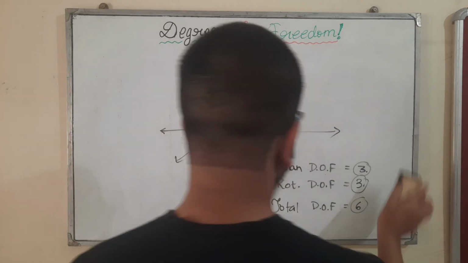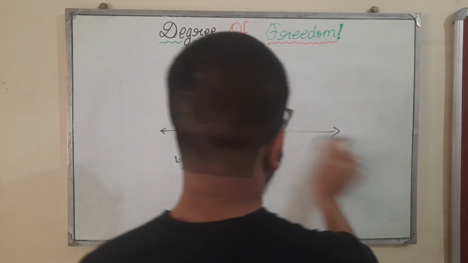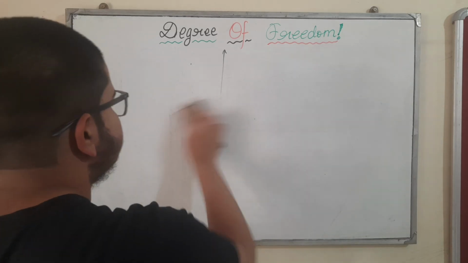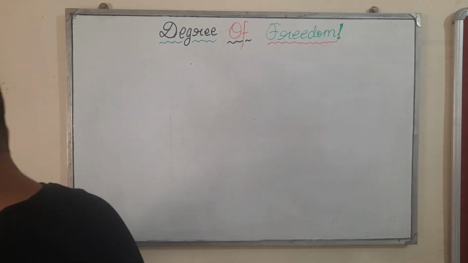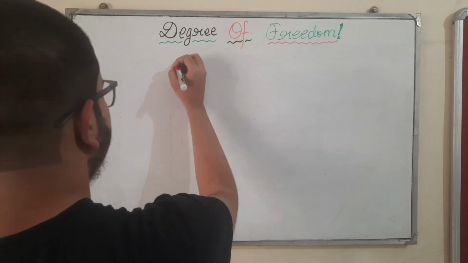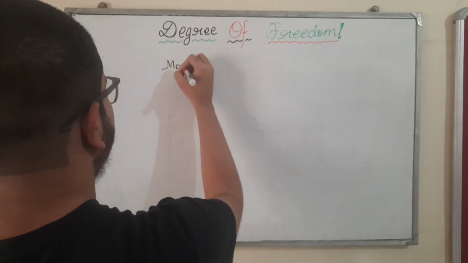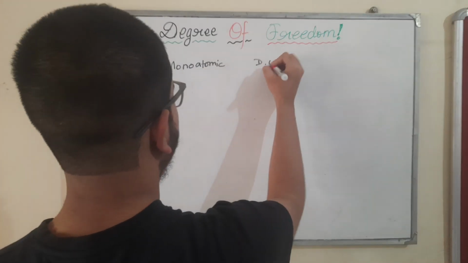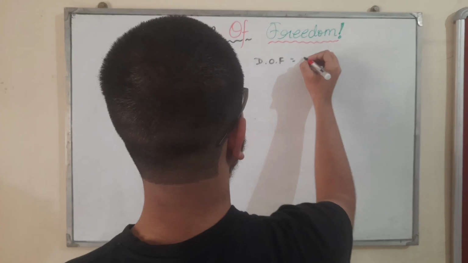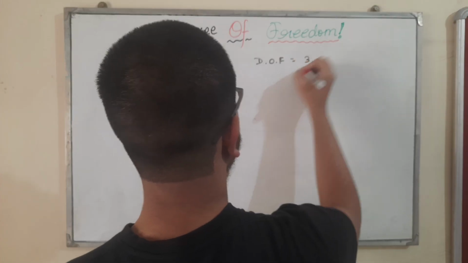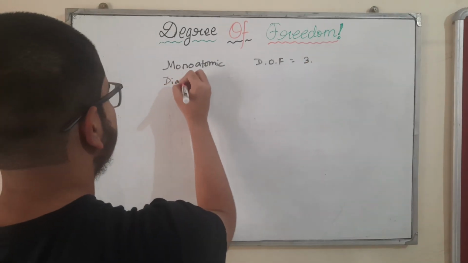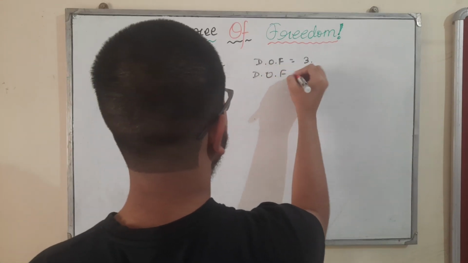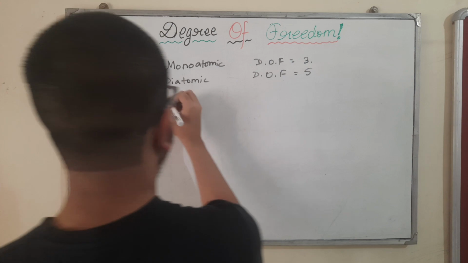Now, let's tabulate what we have just learned. Monoatomic: DOF is equal to 3. Diatomic: DOF is equal to 5.